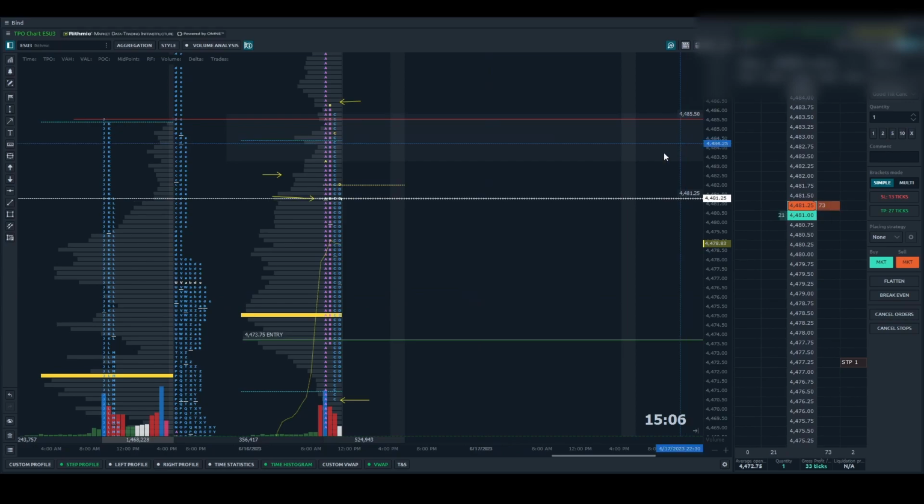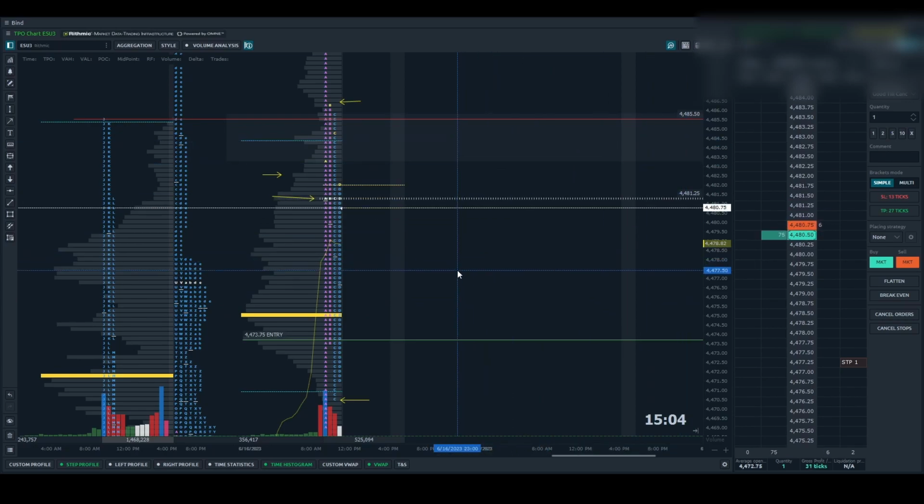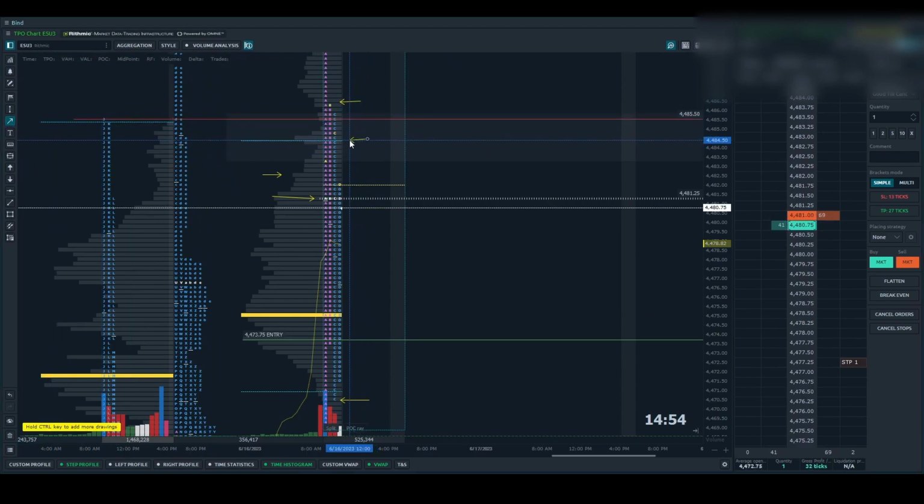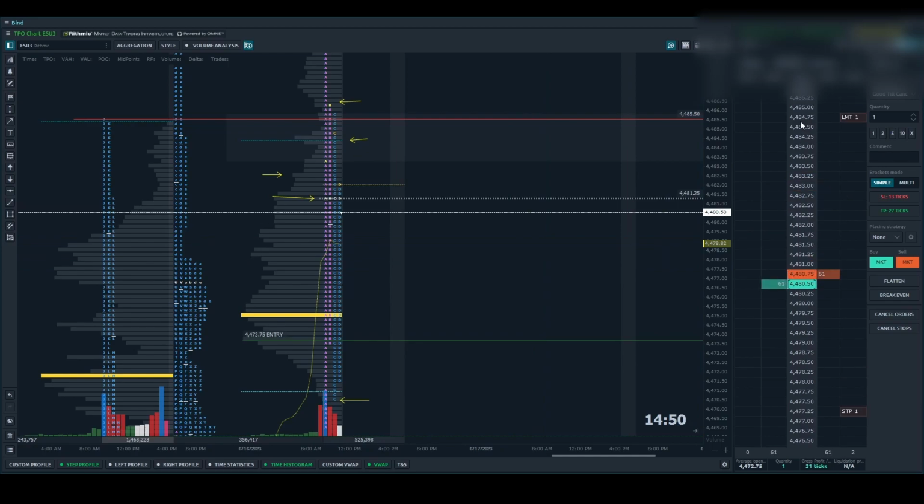So obviously we made it through the halfback, but can we hold that? Or is it going to fall back on us? Then your next target or place to look at is going to be here. And we have a next target at 84.75. That was just a number that we come up with to get out of the way.